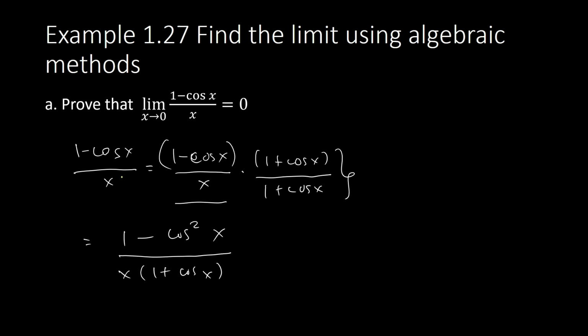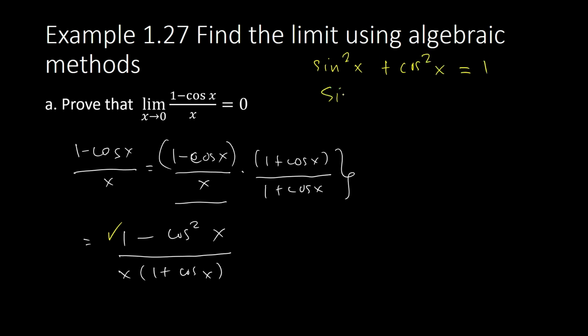Now pay attention to this: 1 minus the square of cosine of x. We have the Pythagorean identity, which says that the square of sine of x plus the square of cosine of x is equal to 1.